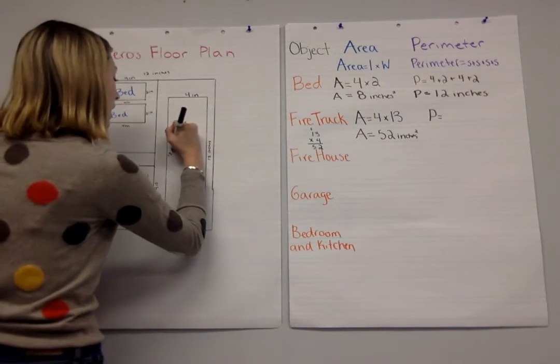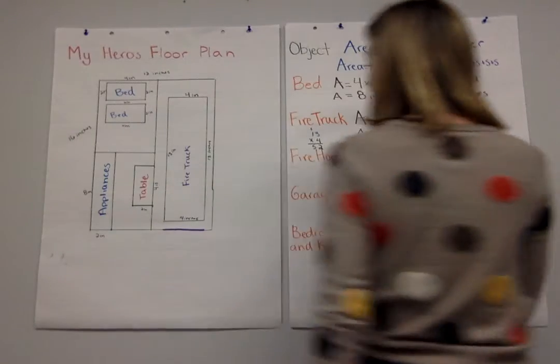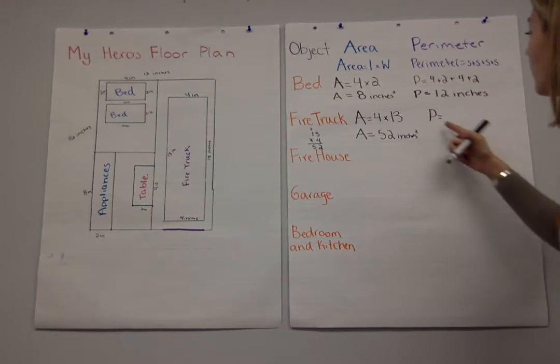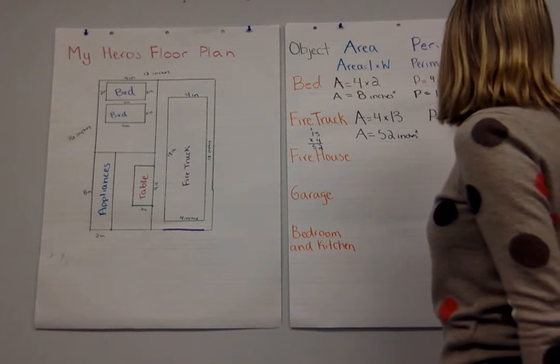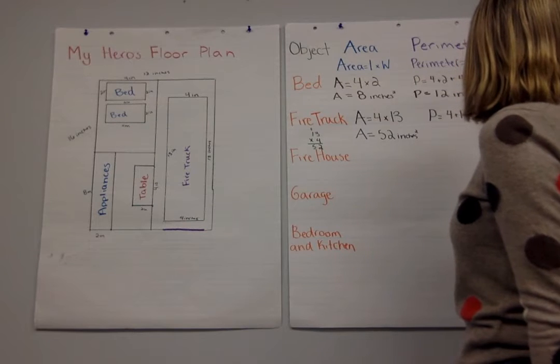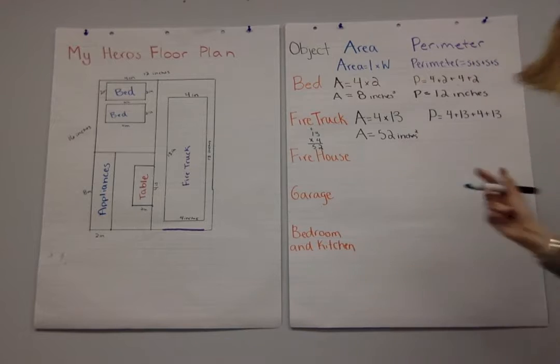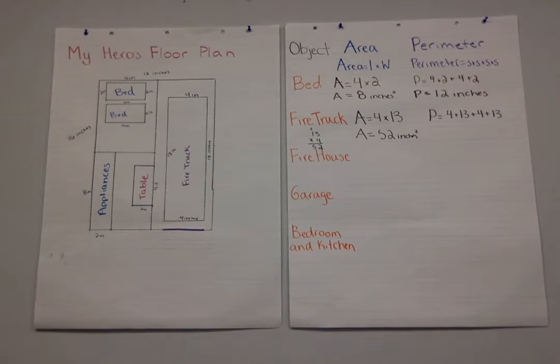So now I have 1, 2, 3, 4 measurements. So I will add 4 plus 13 plus 4 plus 13. 4 plus 13 is 17, plus 4 is 21, plus 13 is 34.